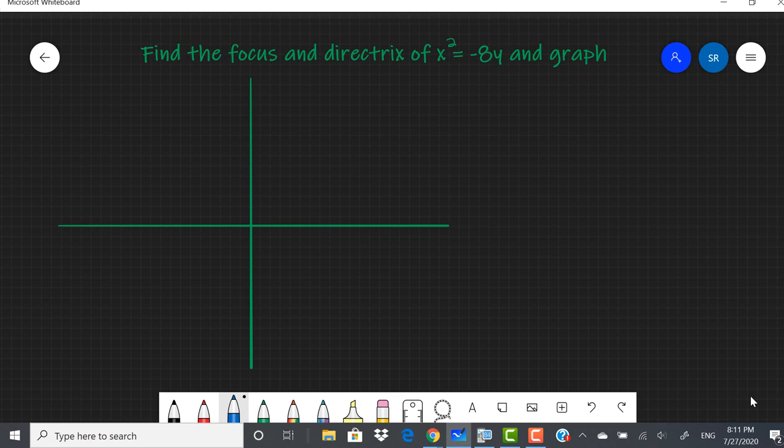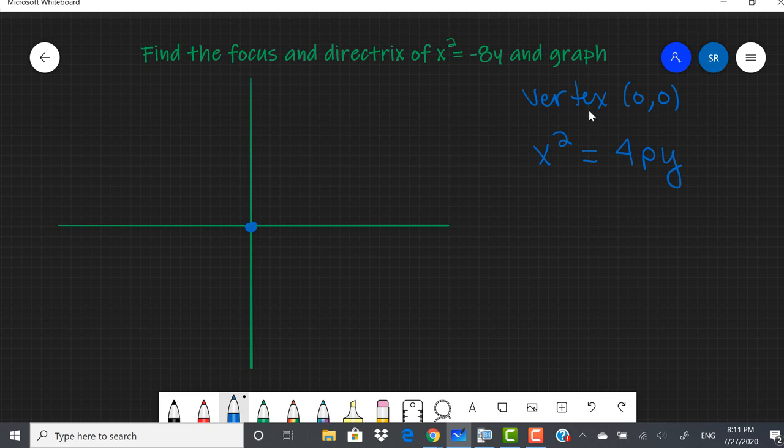So first of all, we know my vertex is going to be right there on the center. So we're all good. The vertex is at 0, 0 in this scenario. And then we're going to use the x squared equals 4py general formula.